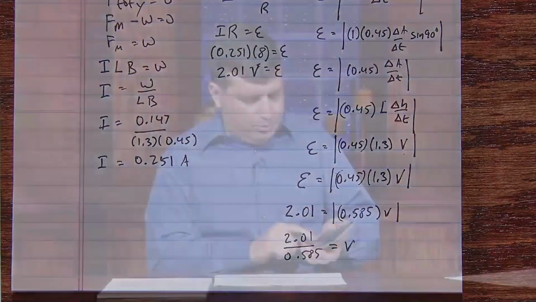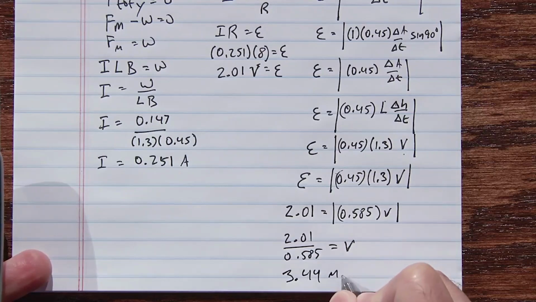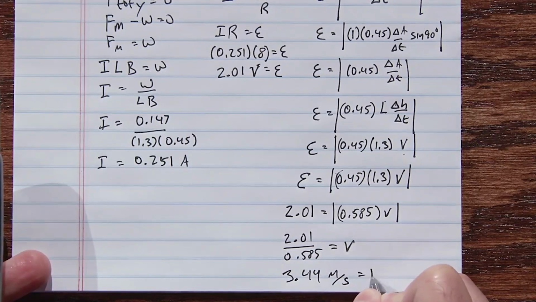And so that would be 2.01 divided by 0.585. And we get that the speed of the bar must be 3.44 meters per second.